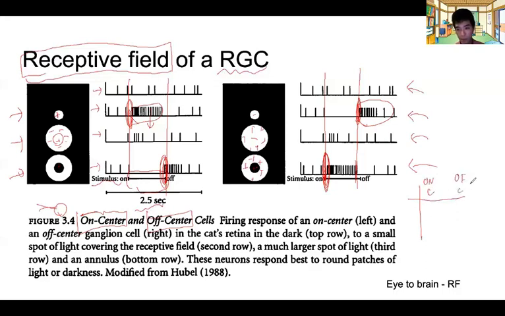So at least there is a 2 by 2 response matrix, on-center or off-center, and then onset or offset response, and they are all found in this neuron. And this onset and offset response is pervasive across all the cortical areas, and we don't usually talk about offset response, but you can assume that many of the neurons have these onset and offset response types.